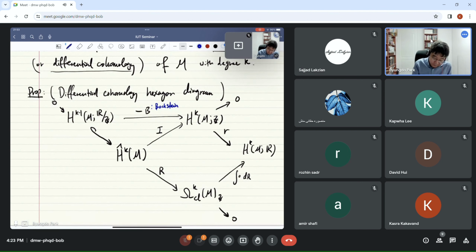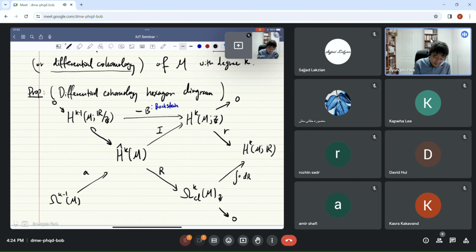Then if we look at the kernel of this I map, so people usually call this the A map, then you can easily define a well-defined map from k-1 differential forms on the manifold.